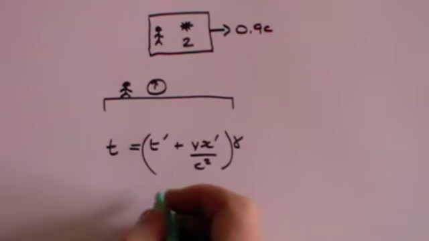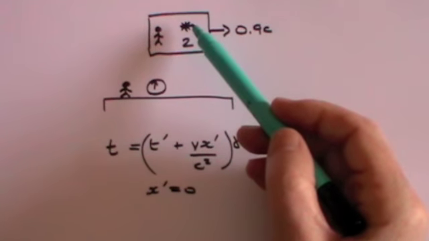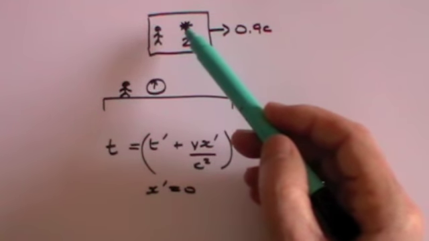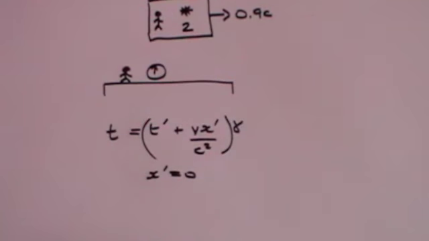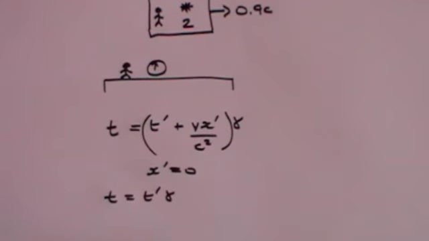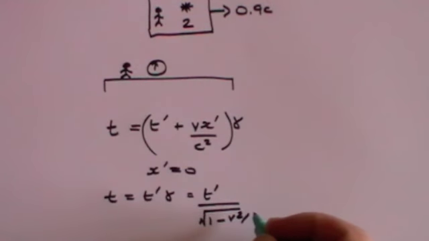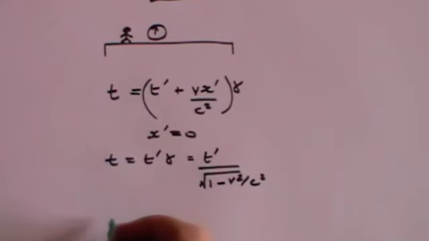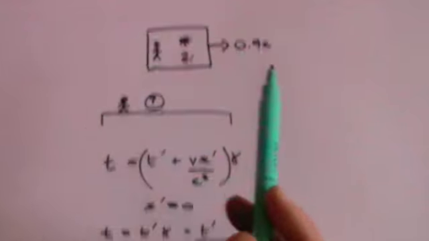Now, x prime is 0, because in Alice's frame of reference, the light is not moving. The scale and the light are on the train. So the light is stationary in Alice's frame of reference. So x prime is 0. And all we now get is that t is equal to t prime times gamma, which of course is t prime divided by the square root of 1 minus v squared over c squared. And now we can do the same as before. Alice, we said, measured t prime to be 2 seconds.